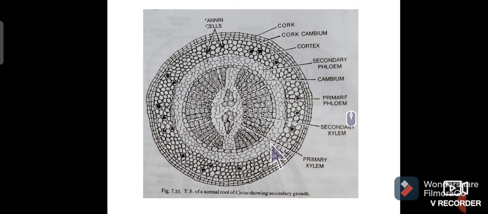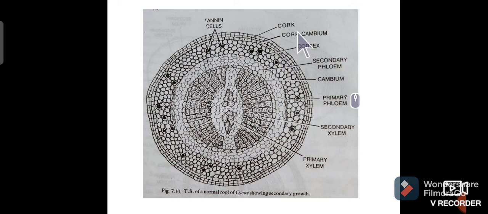Simultaneously, after the formation of the cambium strips, the secondary phloem and the secondary xylem, the cork cambium, also known as phellogen, develops in the outermost layer of the cortex, just below the endodermis.